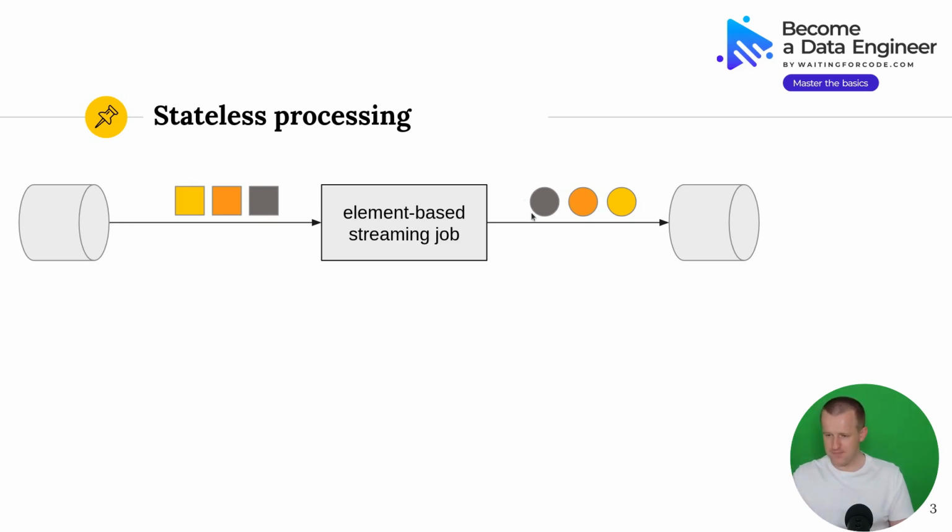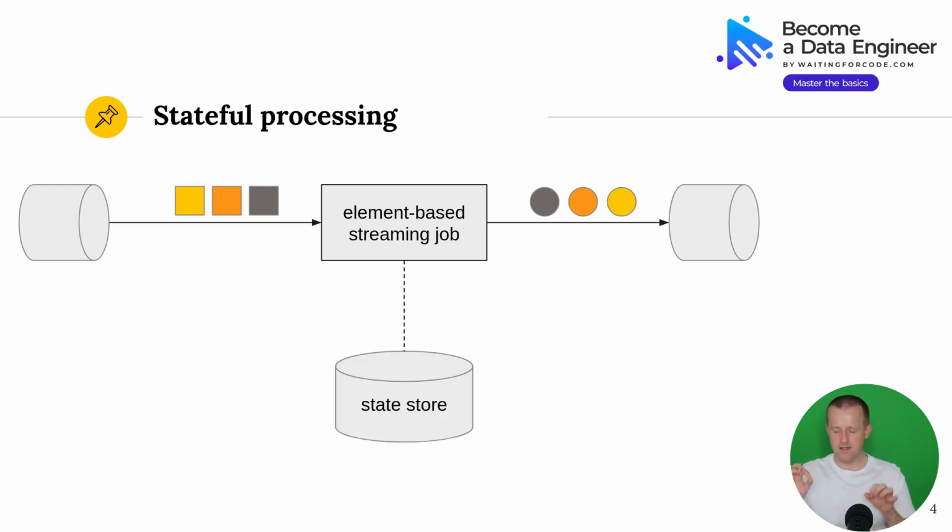But stateful processing can also be something like that, but it involves something else in the processing and in the data processing infrastructure. And this something else is the state store. The state store is the component that will buffer the values received previously for the purpose of further computations. Do you need an example? I will give you it just now.